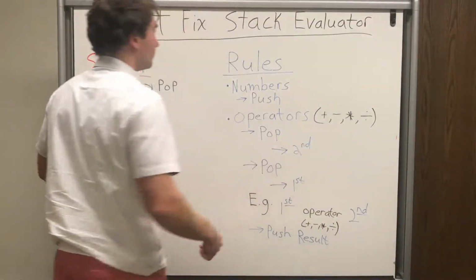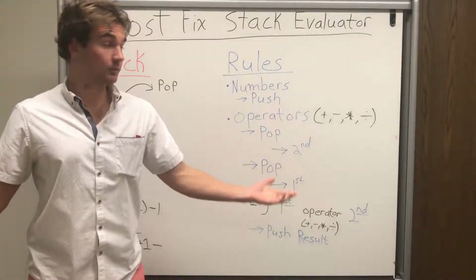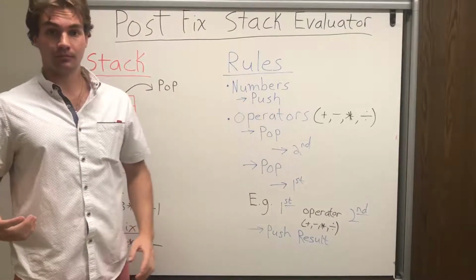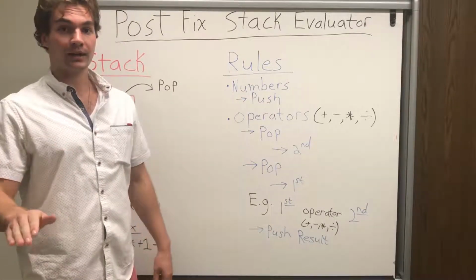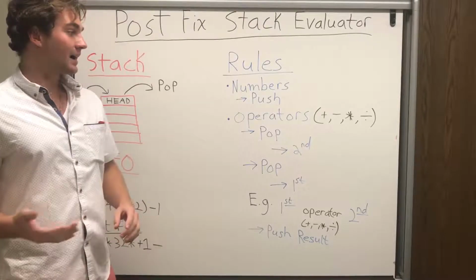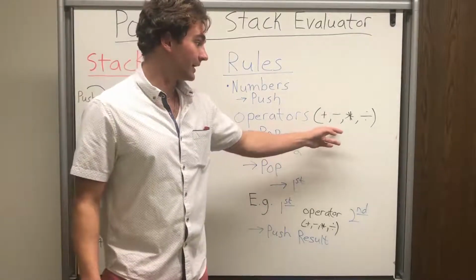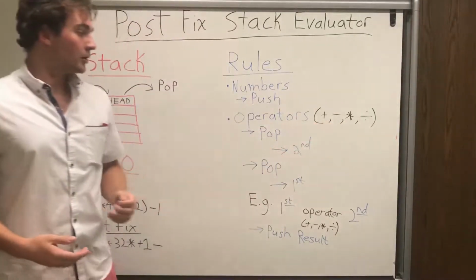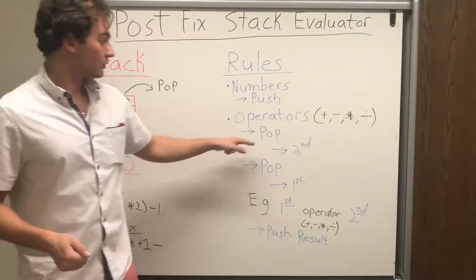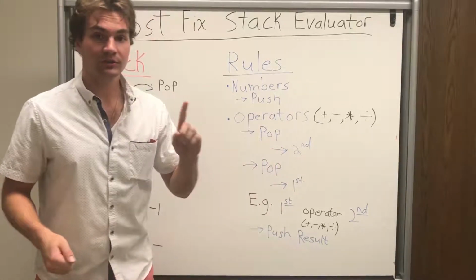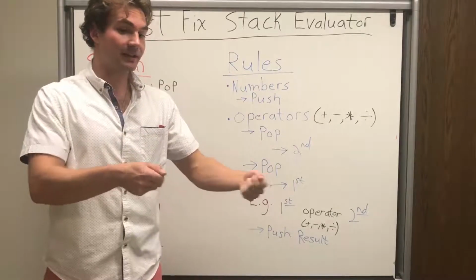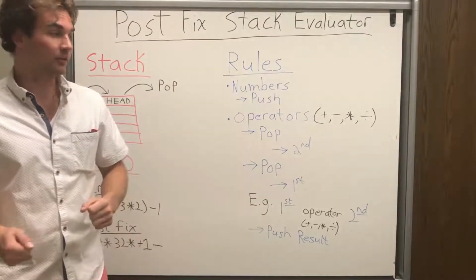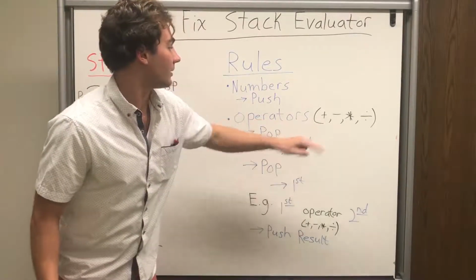So going to the rules of the postfix stack evaluator, basically very simple. Numbers, we want to push them right onto the stack, but when we get an operator, so if it's a plus, a minus, a times, or a division, we want to pop. And notice how I have this second here. The first element you pop off of the stack is going to be the second element in this operator.